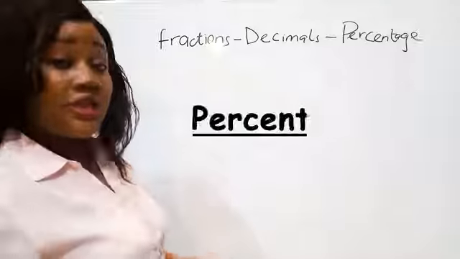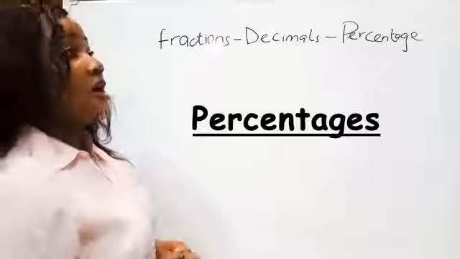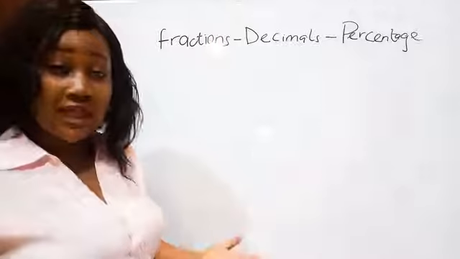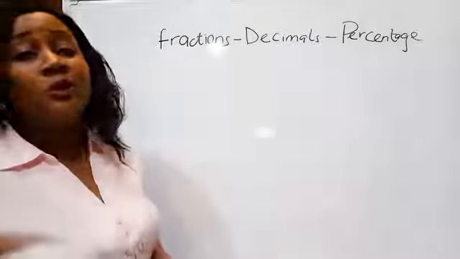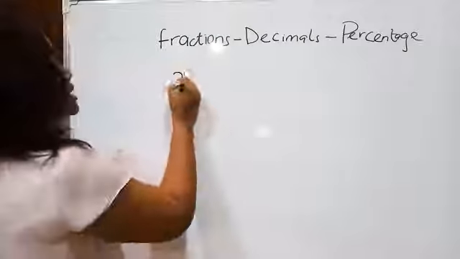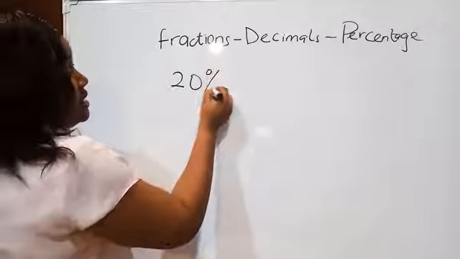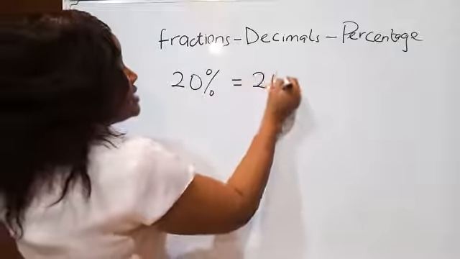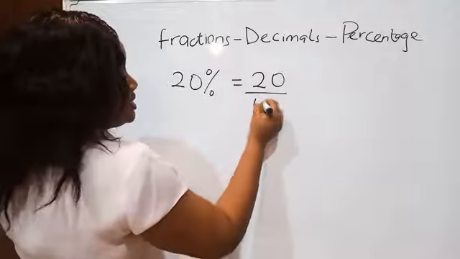So let's look at percentages. Percentages are basically saying per 100 of something. For example, 20% is the same as saying 20 over 100.